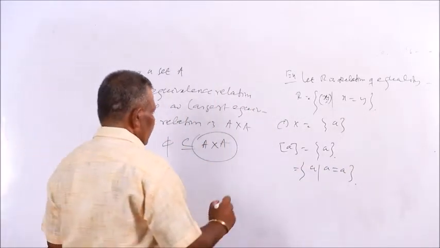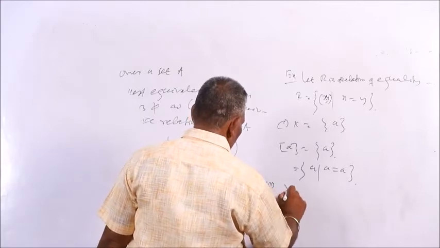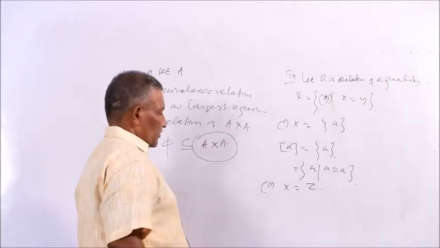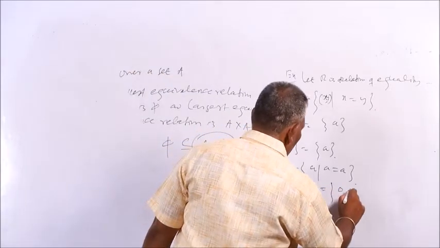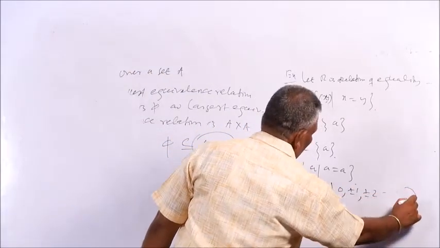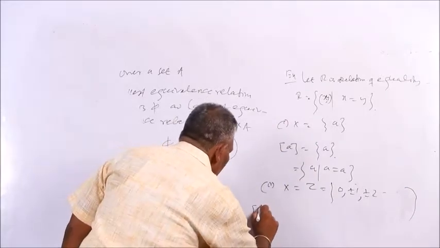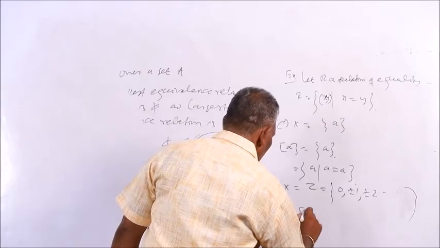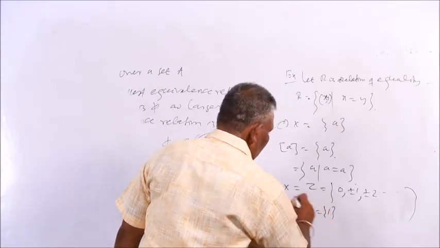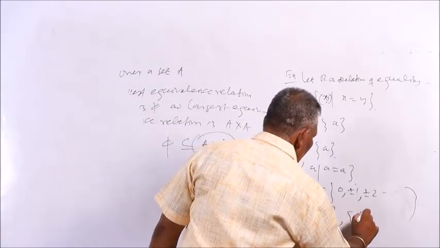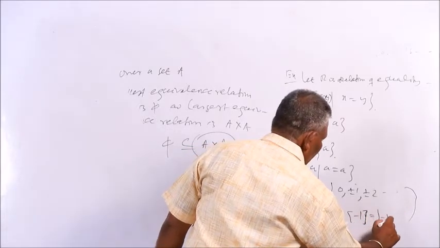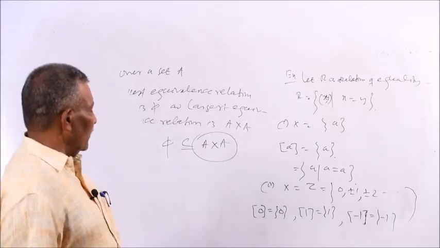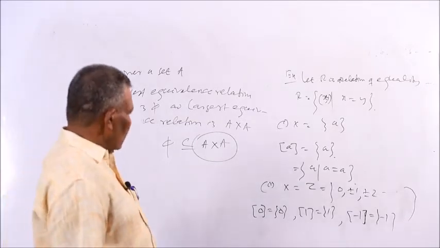In the case of X equal to Z, the set of integers, that is 0, plus or minus 1, plus or minus 2, and so on, the equivalence class of 0 contains only one element, the equivalence class of 1 contains 1, the equivalence class of minus 1 contains minus 1, like this. You can take all individual elements and you will get all the equivalence classes.